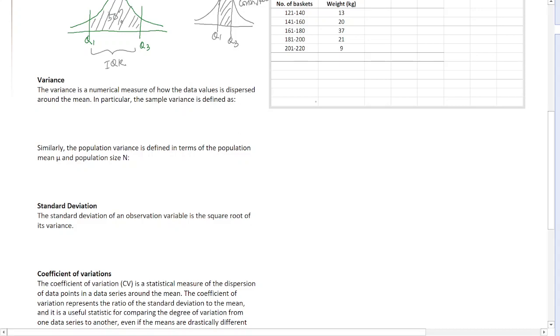Okay, so basically when we talk about variance, it just simply means that the variance is a numerical measure of how the data values are dispersed around the mean. So dia ada perkataan mean kat sini. Okay, so maksudnya kat sini variance ni dia melihat bagaimana data terserak, serakan data tersebut respective to the position of the mean.